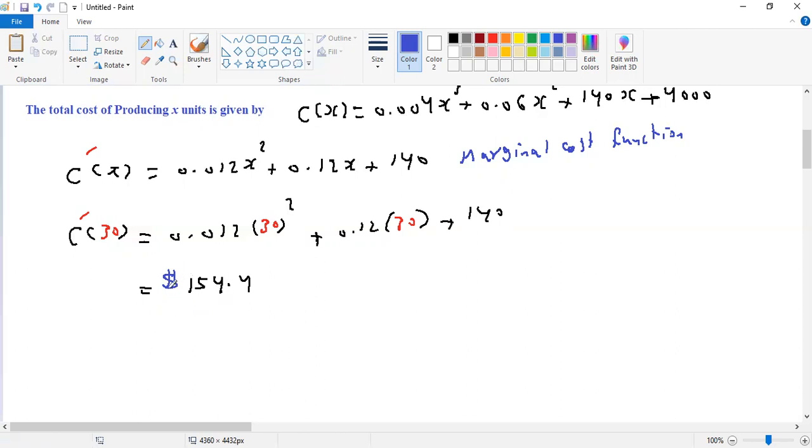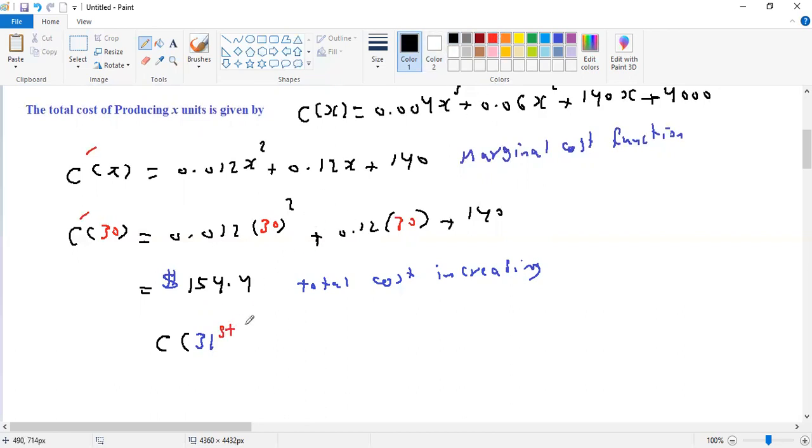So we have total cost increasing at $154.4 per unit. It means the cost of the next unit, the first one after 30, the 31st.